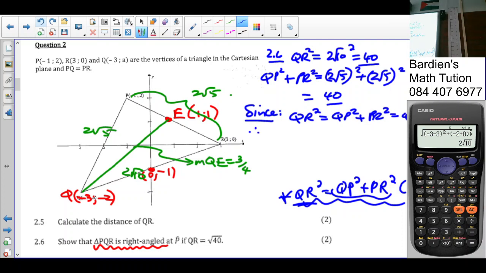So therefore, we state the obvious: triangle PQR is right angled at P. The reason for that is the converse, the reverse of the theorem of Pythagoras: the converse of the Pythagorean theorem.